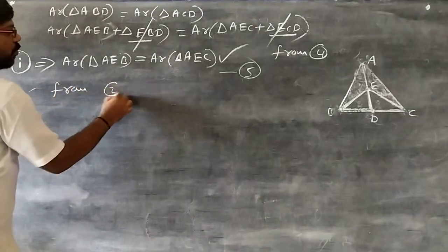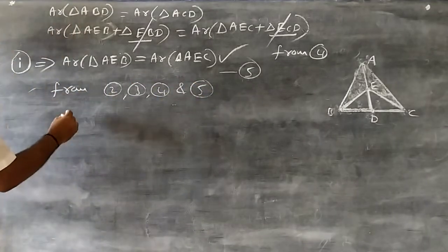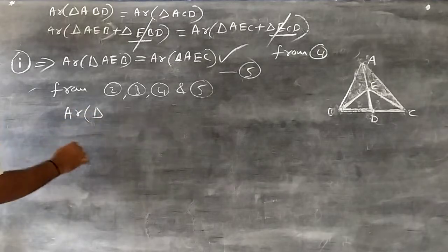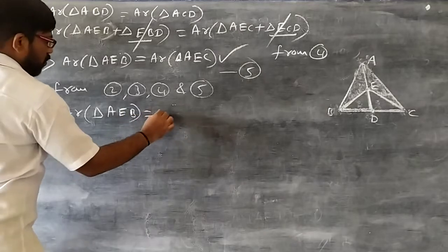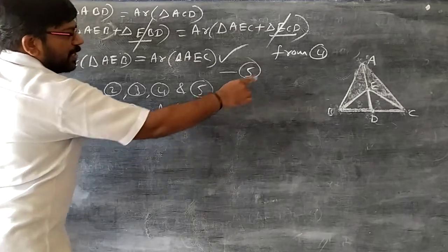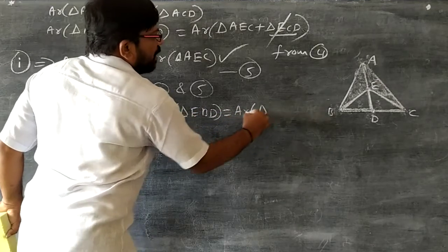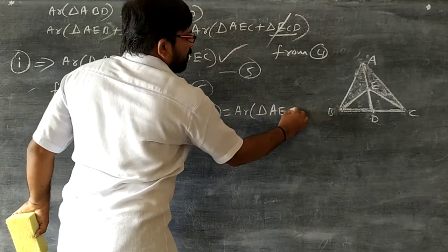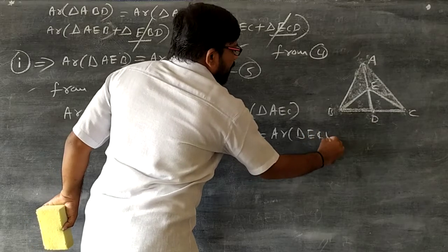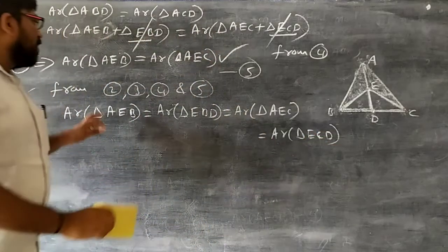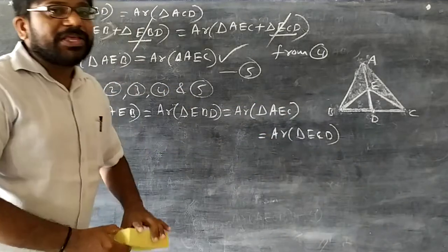From 2, 3, 4 and 5, the area of triangle AEB is equal to the area of triangle EBD, is equal to the area of triangle AEC, is equal to the area of triangle ECB, right?